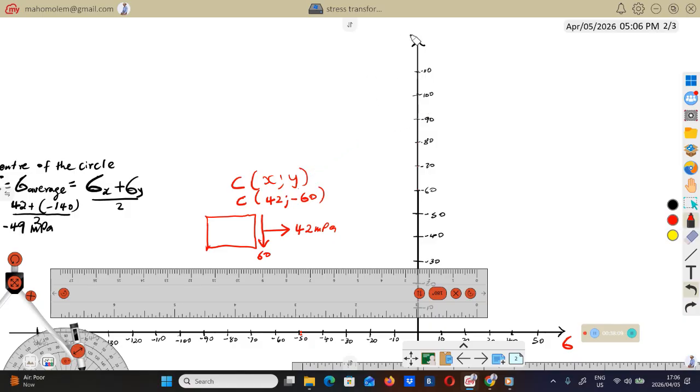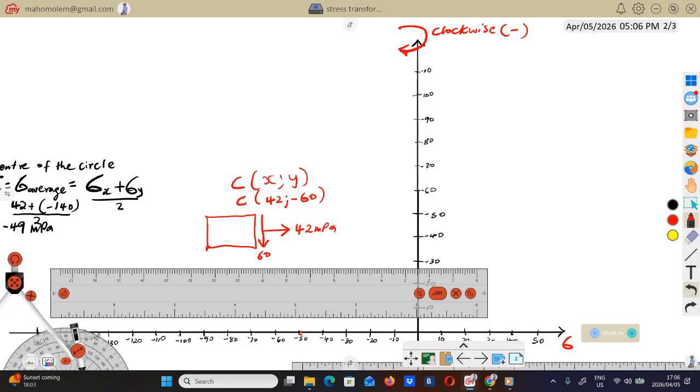So clockwise, which is negative. If the shear stress is clockwise, it means that it's negative. Then we're going to plot it here on top of this horizontal line.